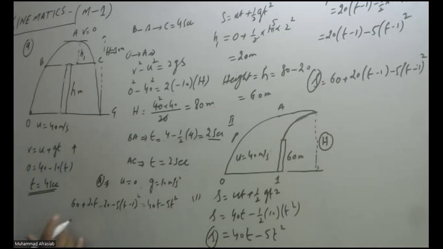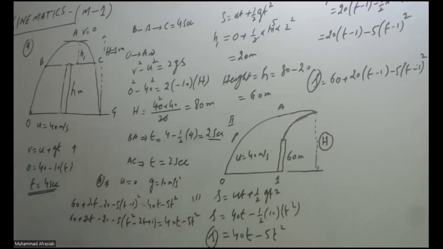Now this will become 60 plus 20t minus 20 minus 5t square minus 2t plus 1. It should be equivalent to 40t minus 5t square.